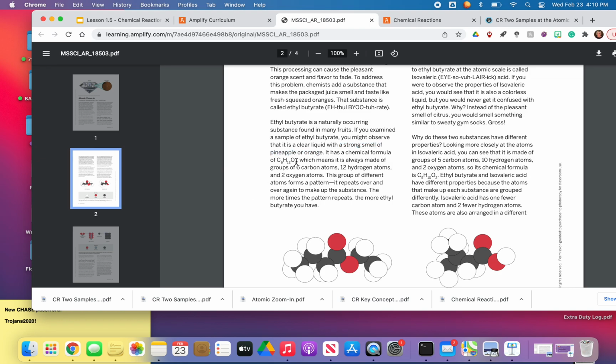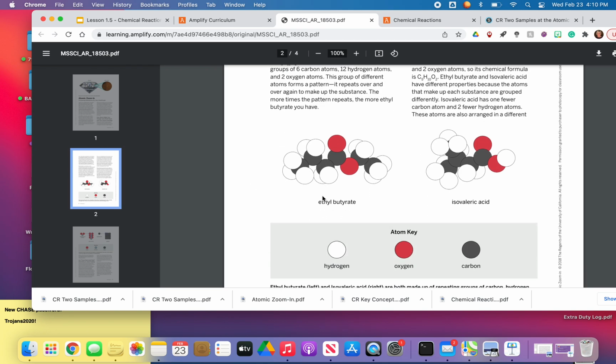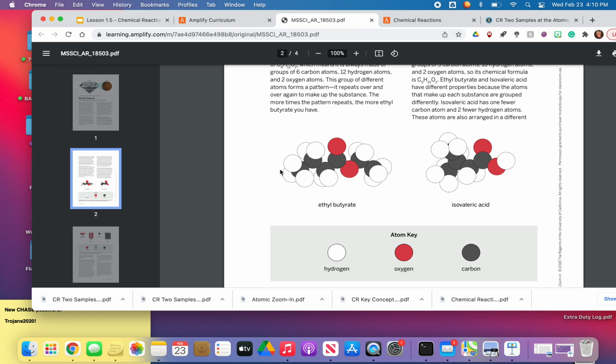Okay? The chemical formula is C6H12O2, which means that there are 12 hydrogen, and if you guys would count those, you would see there are 12 of them. There are 6 carbon atoms, so 1, 2, 3, 4, 5, 6, and there are 2 oxygens.